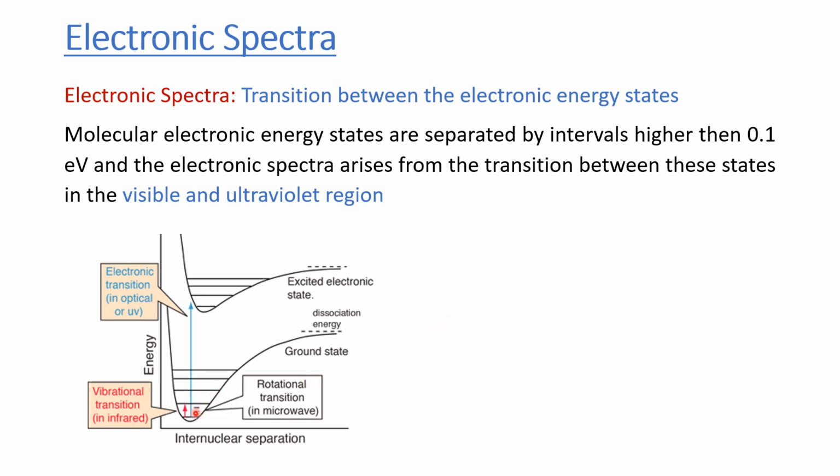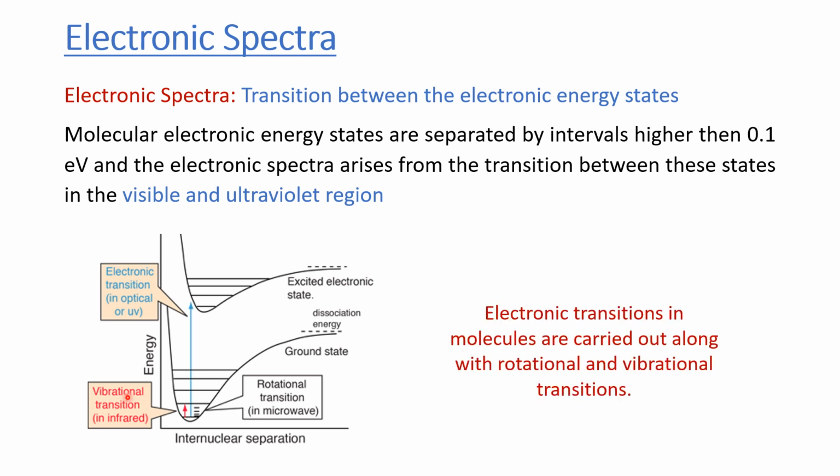So whenever there is an excitation from one electronic state to another electronic state, that is generally carried out in the ultraviolet region, and there are transitions involved between the rotational energy states as well as the vibrational energy states. And when we have an electronic spectra, this electronic spectra consists of contributions from the rotational as well as vibrational transitions.